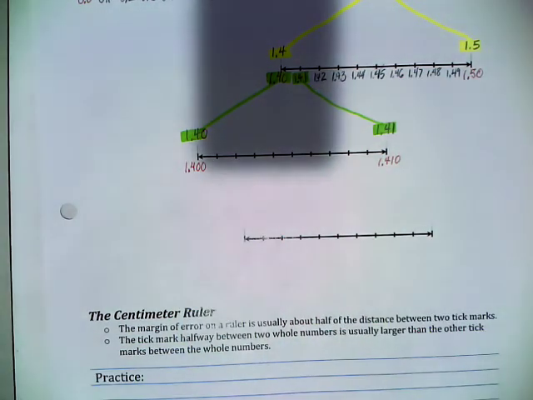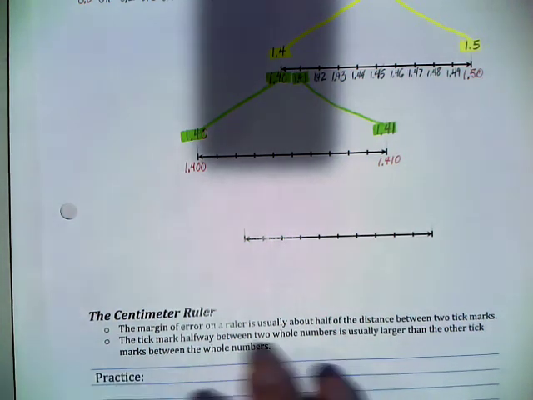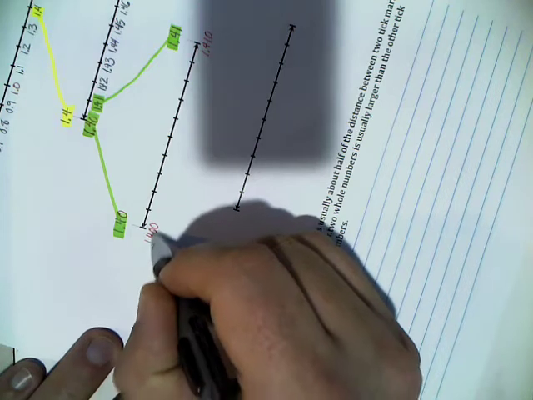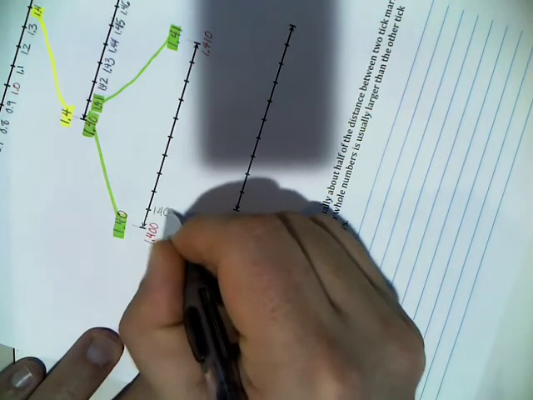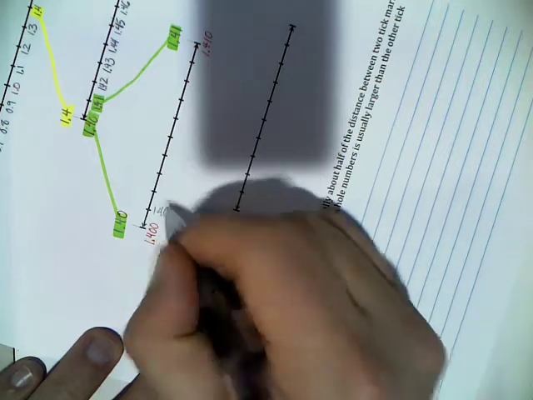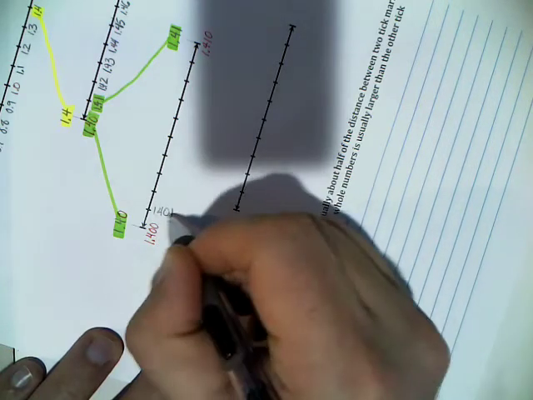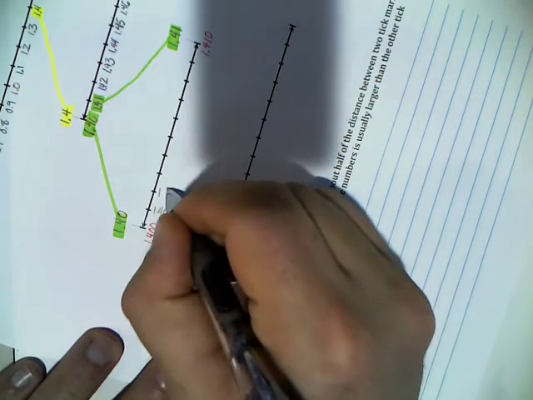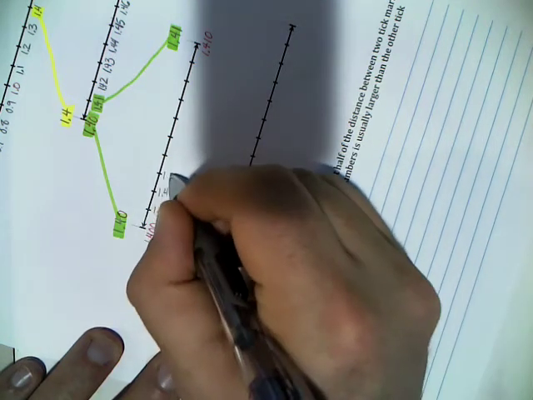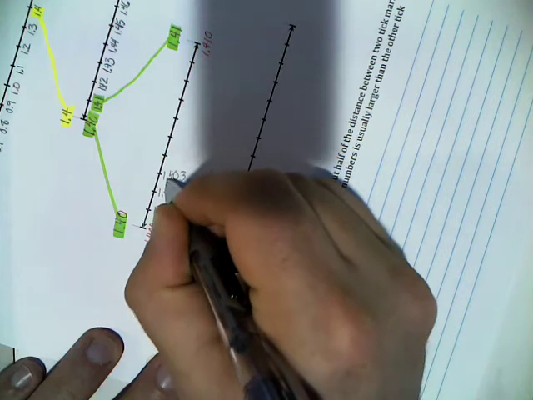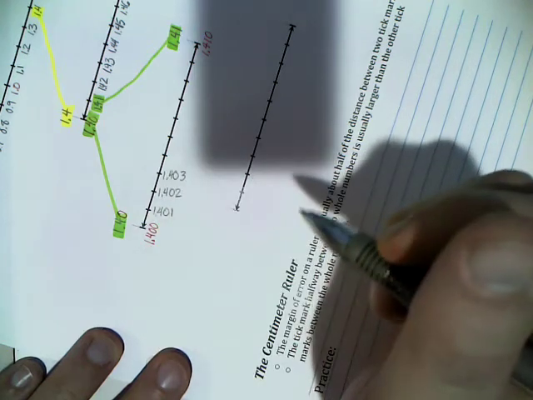So for this one, my decimals are becoming long enough that I'm going to turn my paper sideways. So after what looks like 1,400 would come what looks like 1,401. But it's really 1.401. Then 1,402, but it's really 1.402. 1,403, but it really is 1.403.